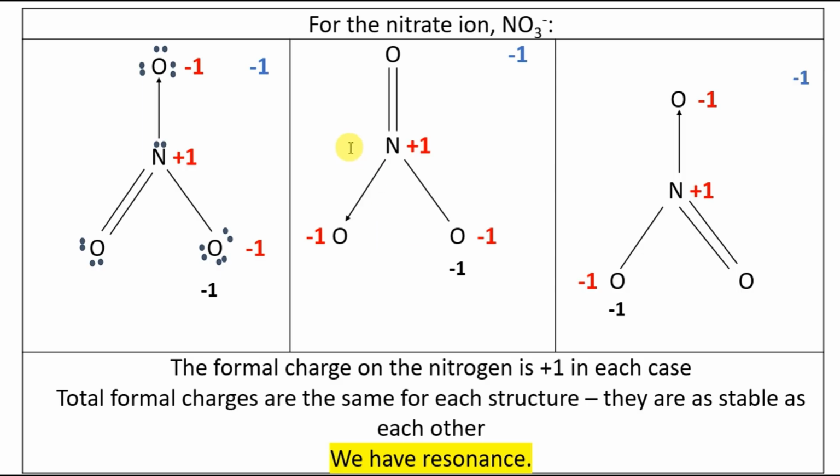I would still always have an overall formal charge of -1, the charge on the ion, and the formal charge on the nitrogen is plus 1 in each case. Total formal charges are the same for each structure. They're as stable as each other. This is when we have resonance.